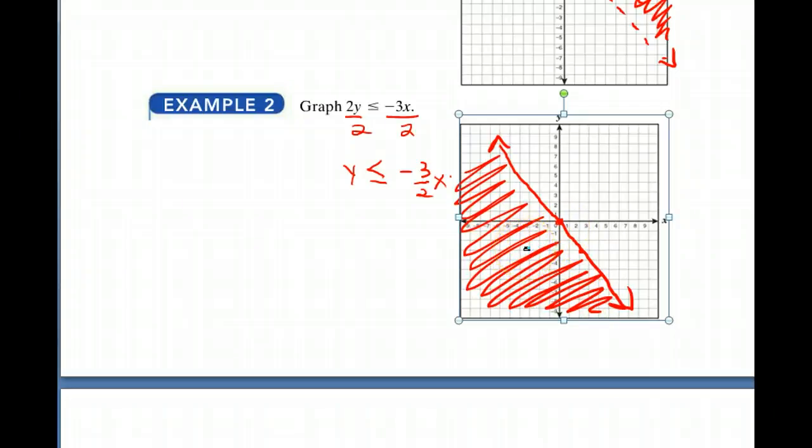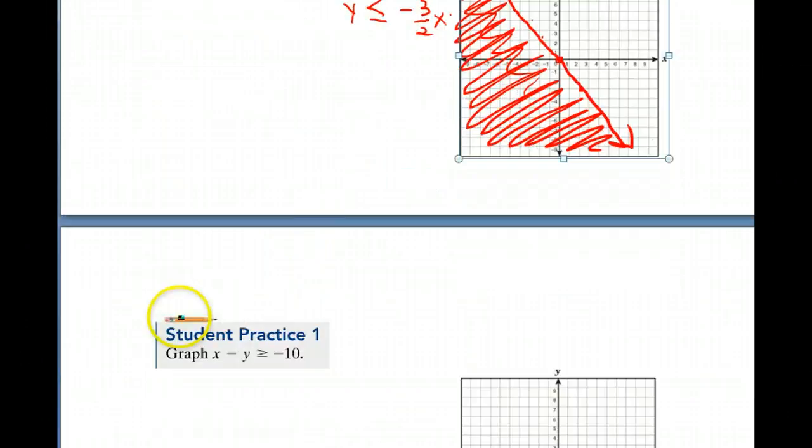So in this situation, any value that falls along the line will be a solution to the inequality. And any point that lies within the shaded area will also be a solution. We can plug any one of those ordered pairs in and it would create a true inequality.